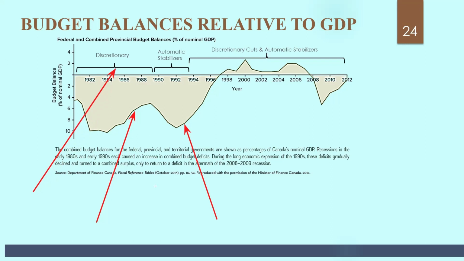And then here were the automatic stabilizers that led to deficits. The automatic stabilizers kicked in because of the recession. So a recession happened during this period, and the automatic stabilizers jumped in just to protect people against job loss. Employment insurance and welfare came in to give people money to survive during the recession.